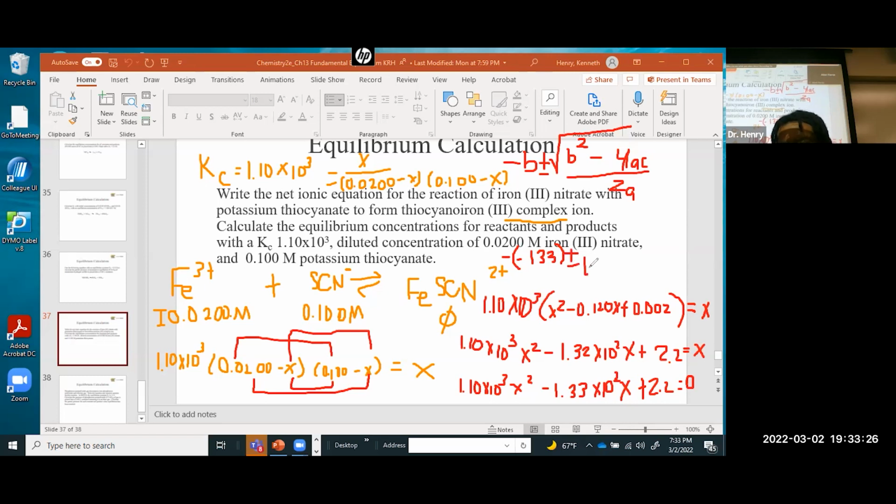Plus or minus the square root of 133 squared minus 4 times 1.10 times 10 to the third power times 2.2, divided by 2a, or 2 times 1.10 times 10 to the third power.